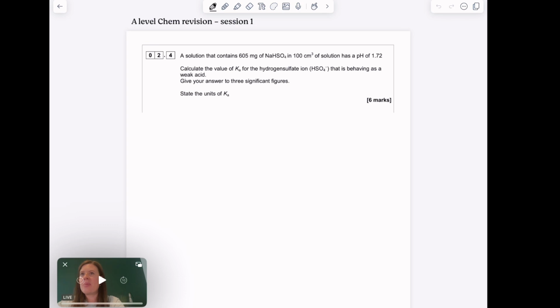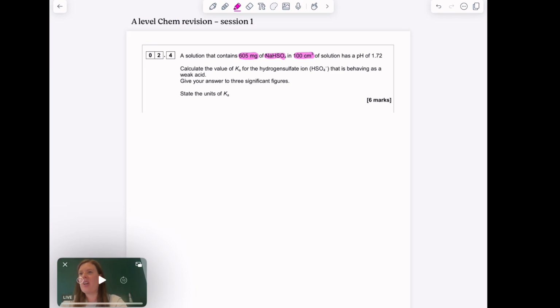So the first thing that I would do is get my lovely highlighter out and highlight some of the key things. So we've got 605 milligrams, alarm bells instantly going because we measure in grams in chemistry. We've got sodium hydrogen sulfate, and that 605 milligrams is in 100 centimeters cubed of solution.